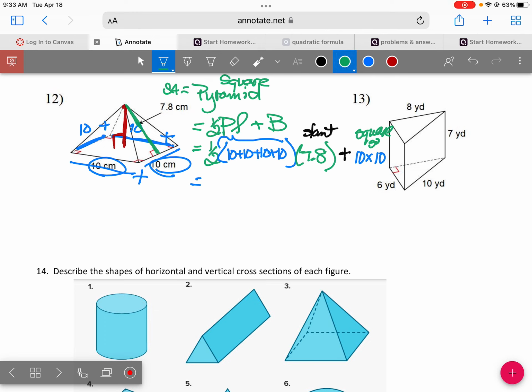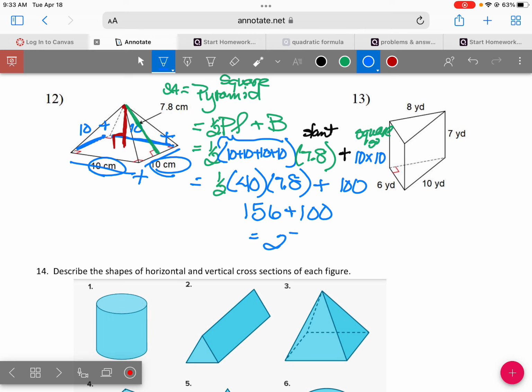So, putting this together, it's 1/2 times 40 times 7.8 plus 10 times 10 is 100. 20 times 7.8 is 156, plus 100 gives me a total of 256 centimeters squared.